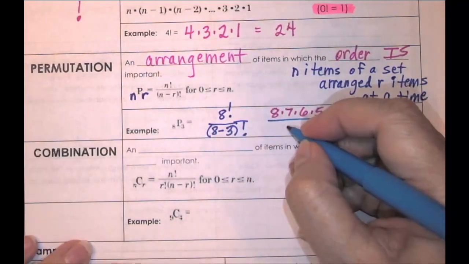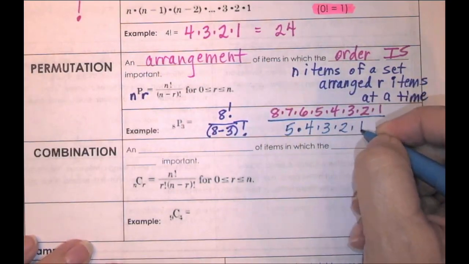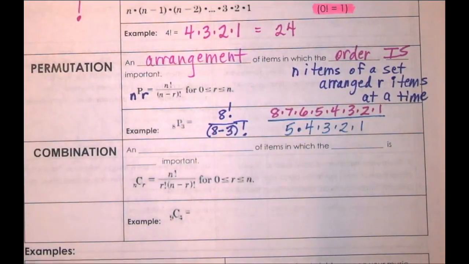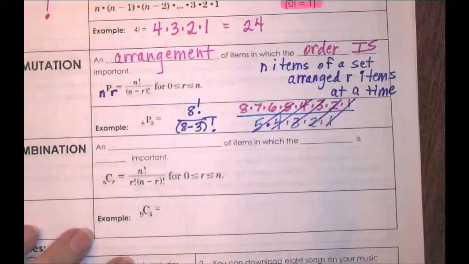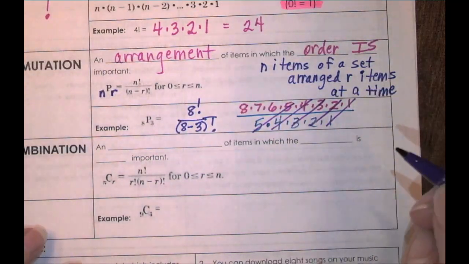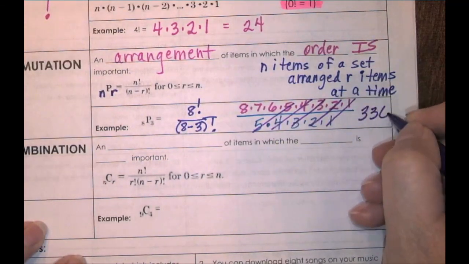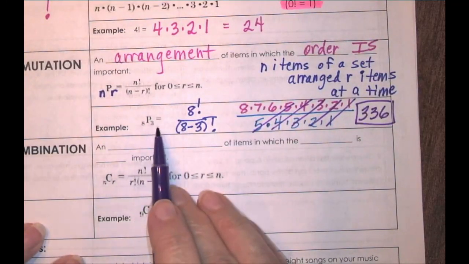Then 8 minus 3 is 5, so I have 5 factorial: 5 times 4 times 3 times 2 times 1. This isn't as hard as it looks, because I'm going to cancel the 1, the 2, the 3, the 4, the 5, and all I'm left with is 8 times 7 times 6. And 8 times 7 times 6 is 336.